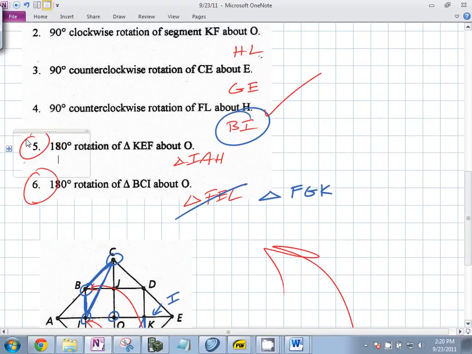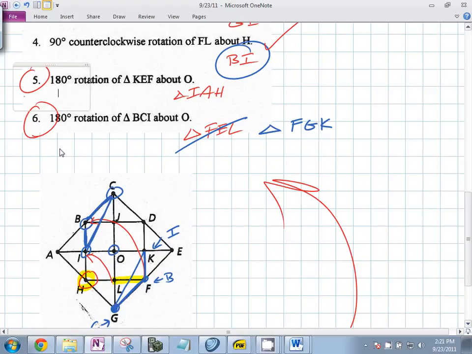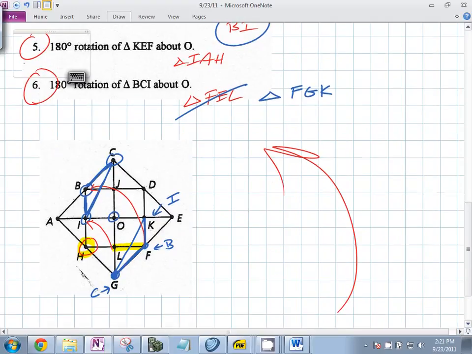A 180 degree rotation of KEF about O. KEF about O. I'm going to kill this drawing with some more color. There's KEF right there, about O, and it's a 180 degree rotation. If we did 90 degrees, where would it be? It would be right here, right? Do you agree with that? It goes up, and then do 90 degrees more. What's it going to do? Correct. Let's think about this for a second.